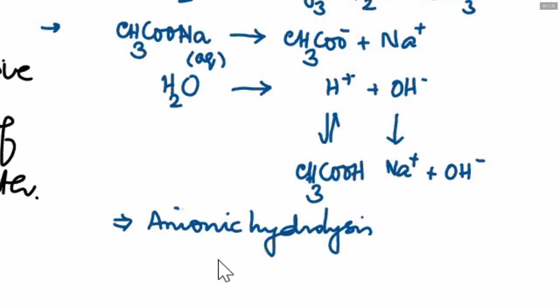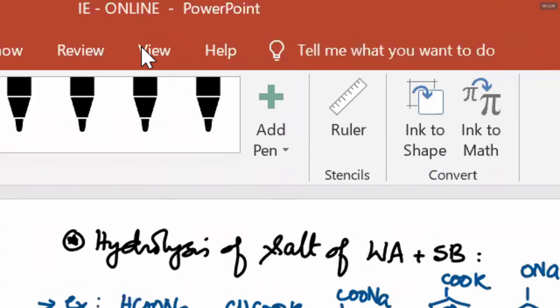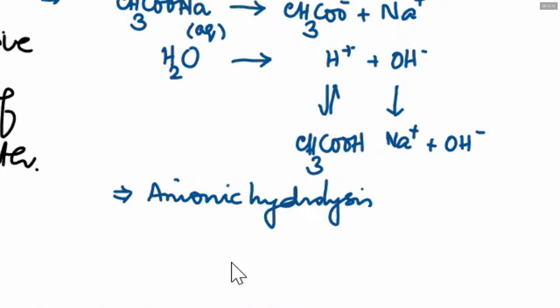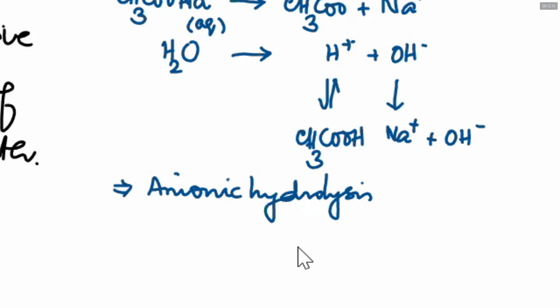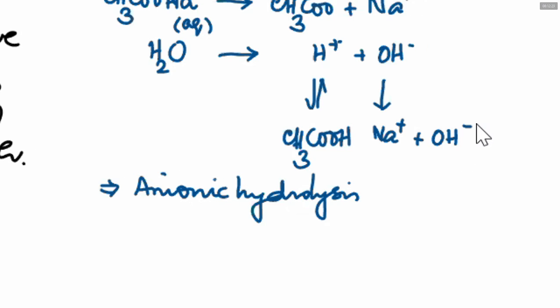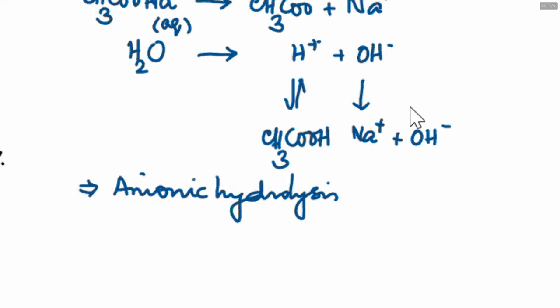If it is anionic hydrolysis, it implies the anion of the salt is combining with water. Naturally, when the anion combines, it will not combine with the anion of water. It will combine with the cation of water.